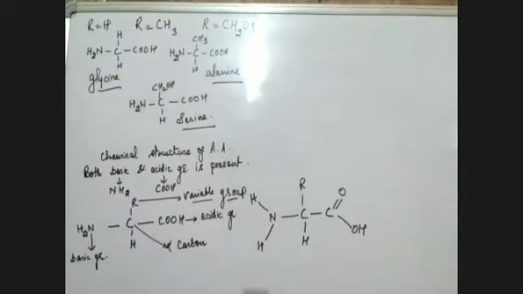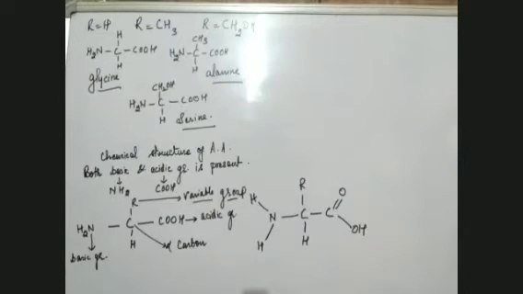So the variable group in case of glycine is H. The variable group in case of alanine is CH3. The variable group in case of serine is CH2OH. And this is the chemical structure of amino acids with different functional groups.